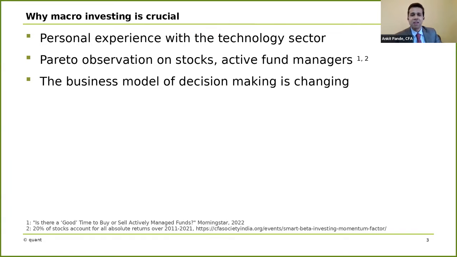And so going on to my experience with the technology sector, it was the big macro calls that we were making back in 2015, when the rupee was kind of stable from a period of pretty strong depreciation. Dr. Raghuram Rajan came into the RBI, and the rupee stayed stable.